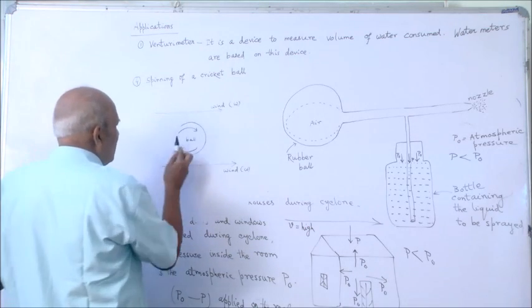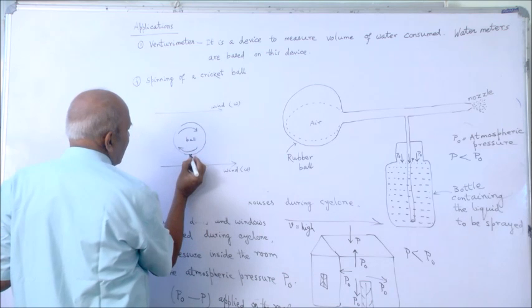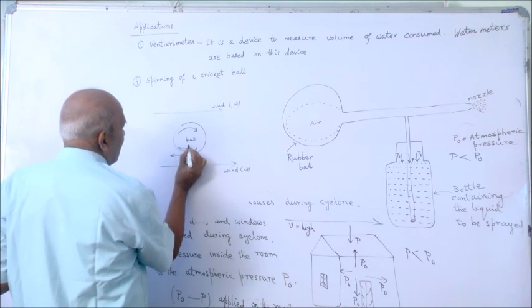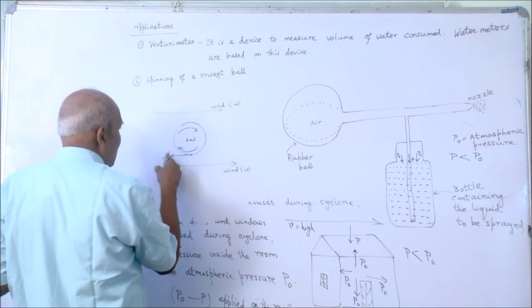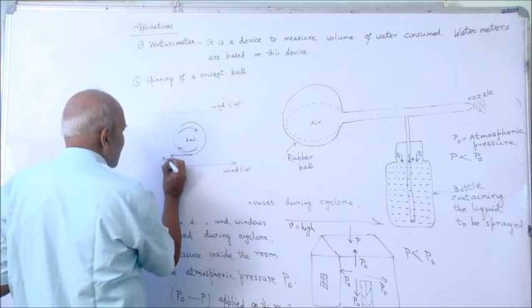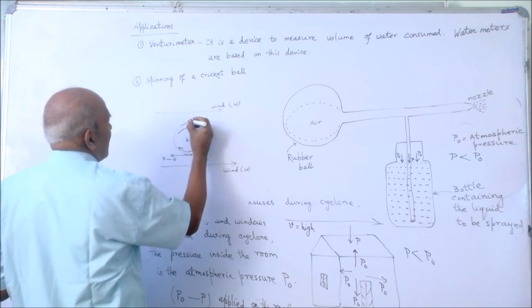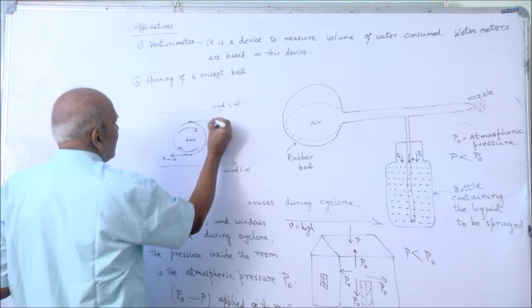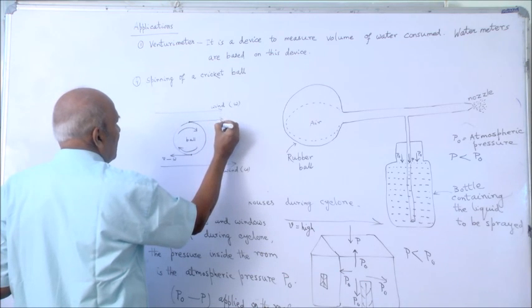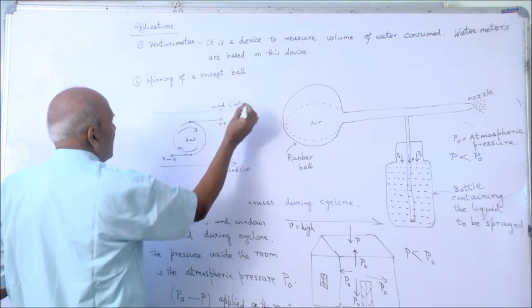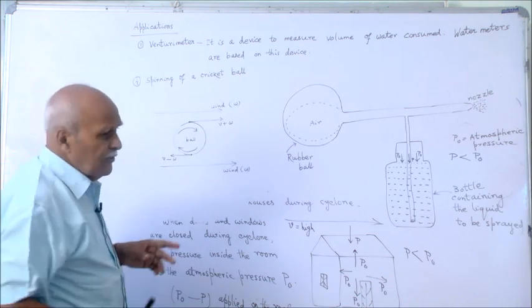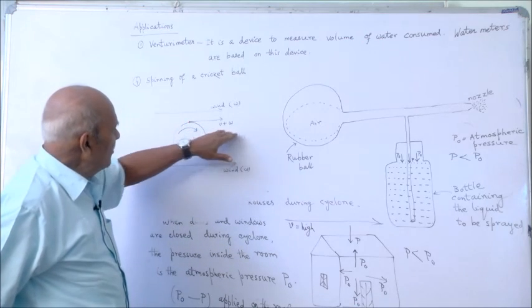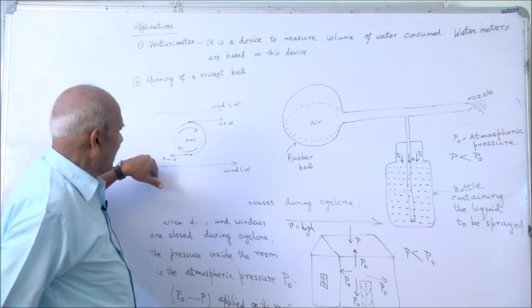So, if it is clockwise rotation, then at this point the speed of the ball is v. So, v is this side, wind is this side, so it is V minus omega. And here on the top it is V plus omega. Wind is same thing as direction of the velocity of the ball. So it is V plus omega, it is V minus omega.